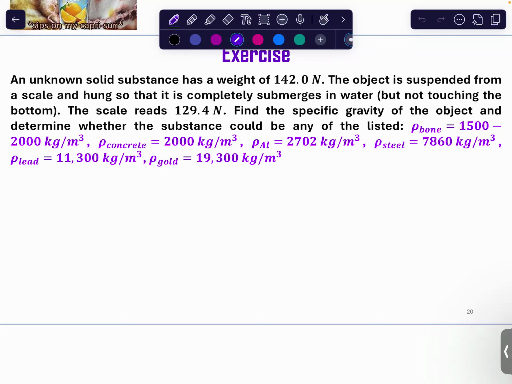Okay, so you have two regimes here. You have the object in air, so its weight in the air is the 142 newtons.